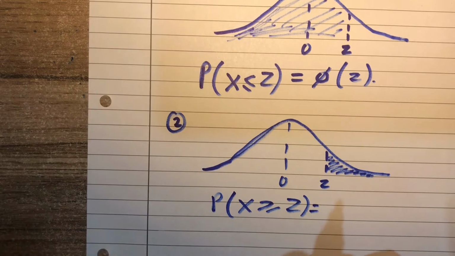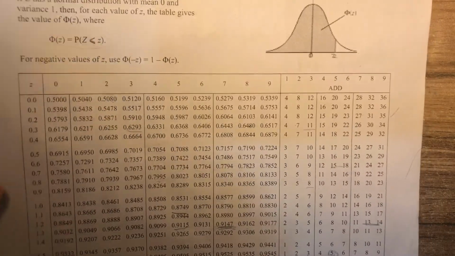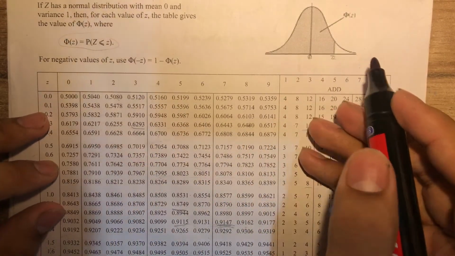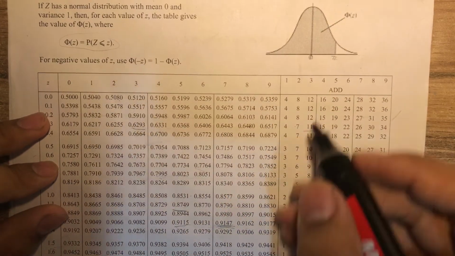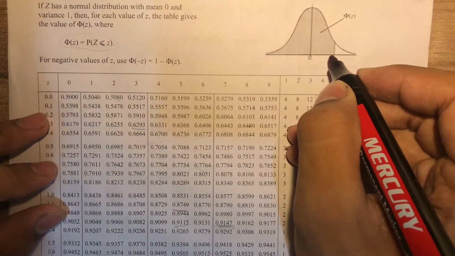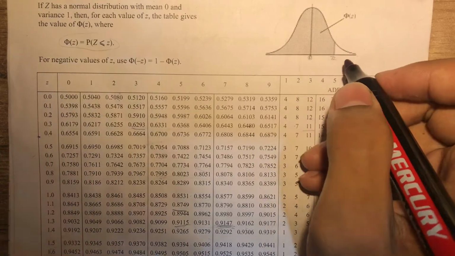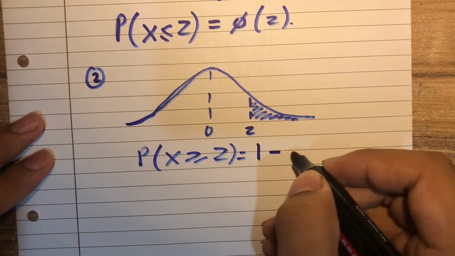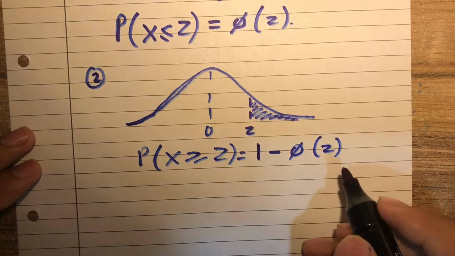Now the limitation here is that this table gives us probabilities that are less than z, right? But what we know is that the total probability is equal to 1. So what we can do is find the probability of X less than or equal to z and subtract that from 1 to find the probability of X greater than or equal to z. So P(X greater than or equal to z) is 1 minus phi z, where phi z is P(X less than or equal to z) from the table.